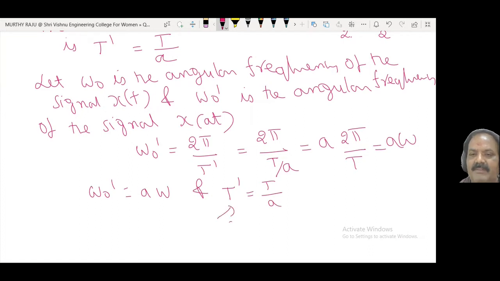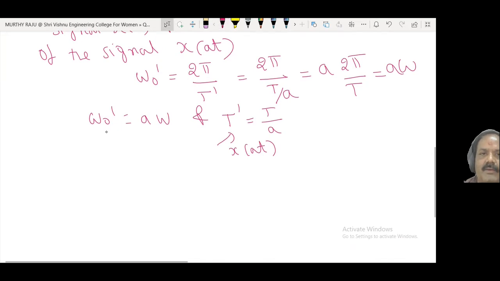This is the time period of the signal x of at. So this is the angular frequency of the signal x of at.